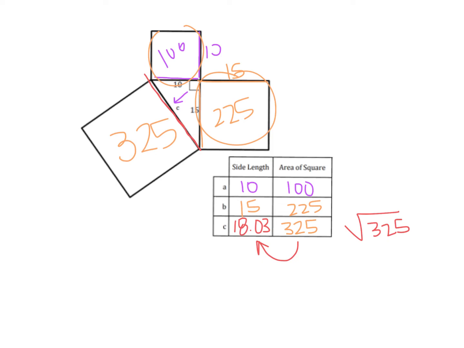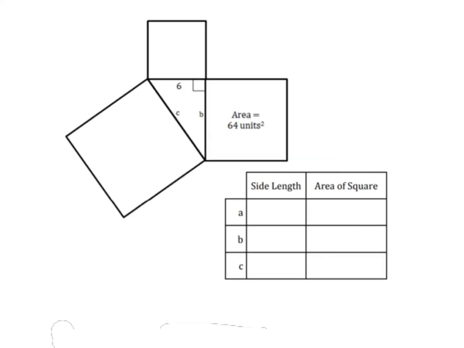Let's try another one. Let's take a minute and see what we're given in this picture. I actually have two numbers I'm missing. One of the side lengths is 6, which means its square would have an area of 36.